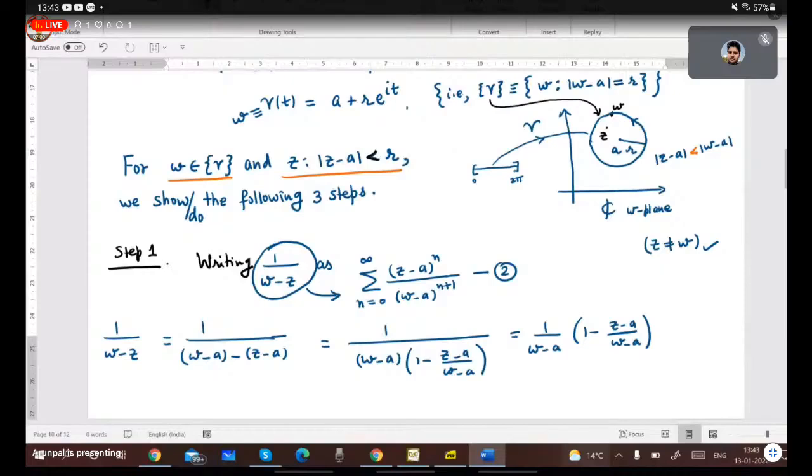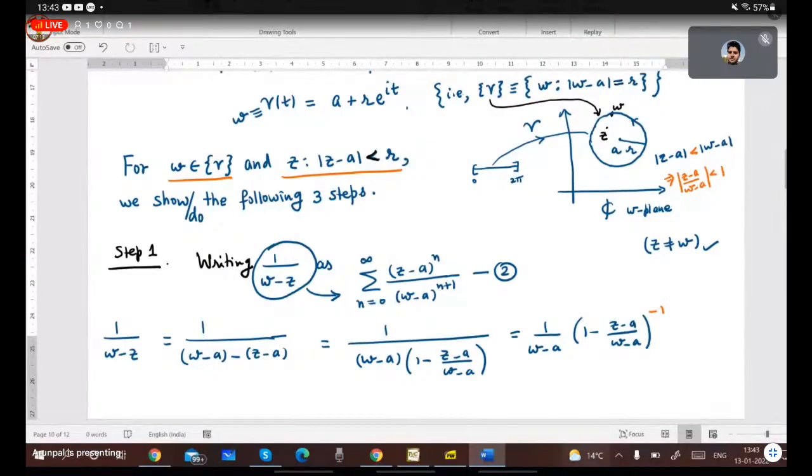So class, this implies that modulus of Z minus A divided by W minus A is less than 1. So this is minus 1, sorry.